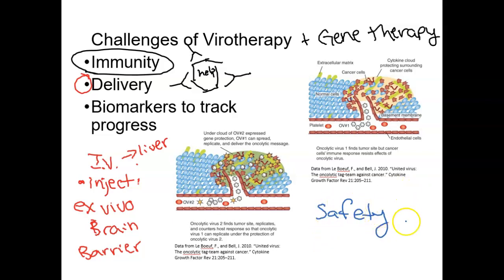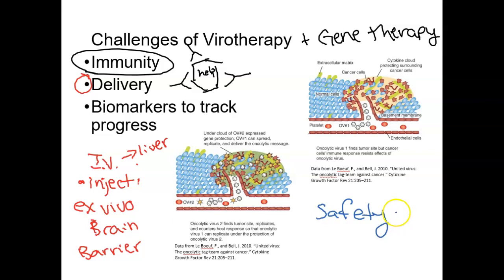All right, so safety. You also want to make sure that the person might not cross-react with something. So if a person is being administered a virus that contains a therapeutic gene, you don't want their immune system to mistake that for something else and perhaps overreact, right?